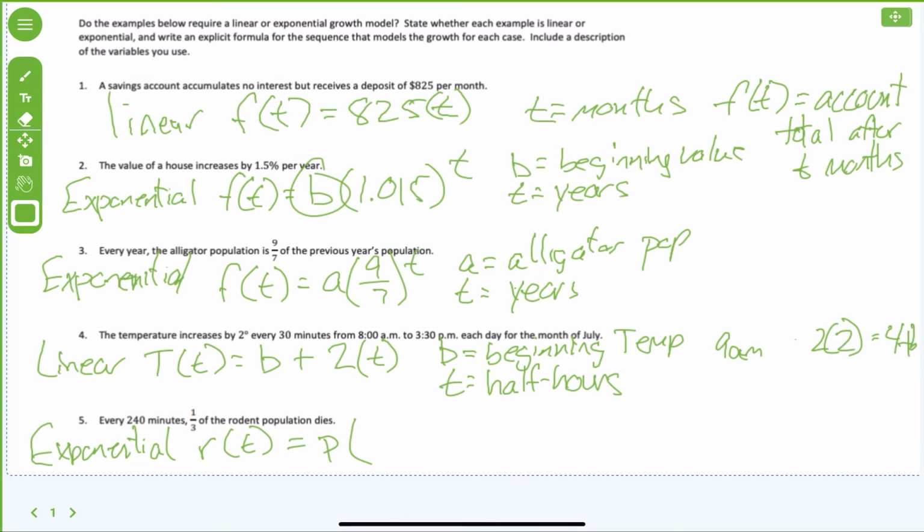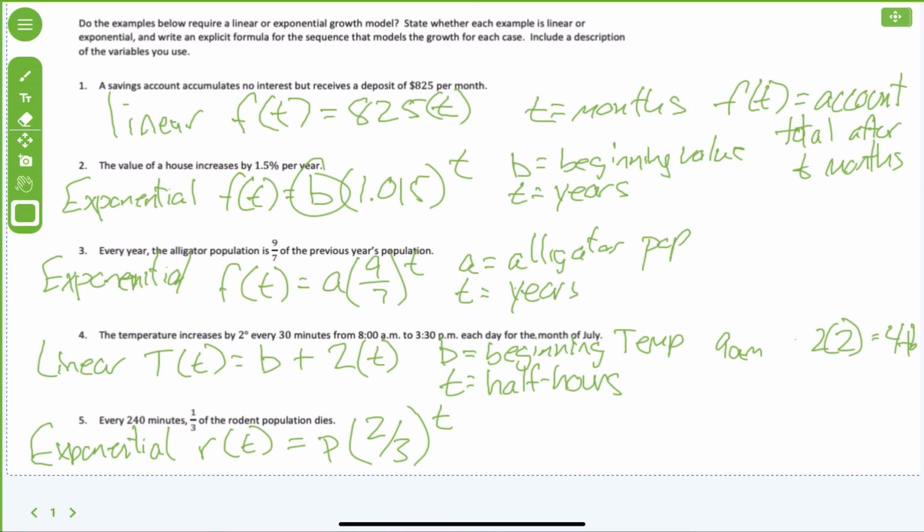We're talking about the population. We're not talking about how many died. 1/3 died, so how much of the population is left? 2/3. Good. So 2/3. Now, Jaden, you said 240. T is going to be representative of our 240.